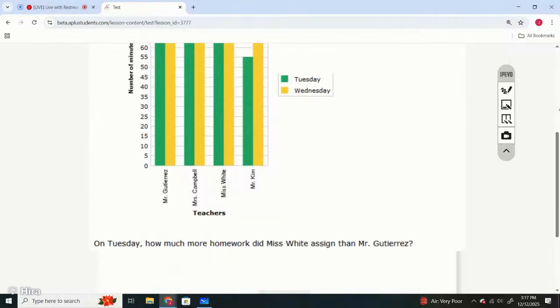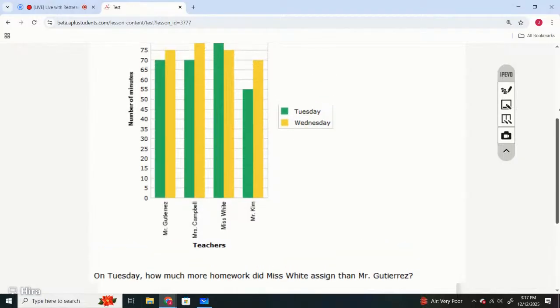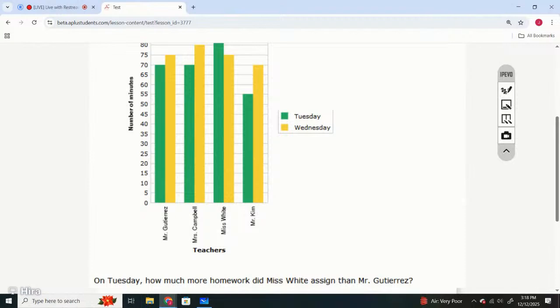On Tuesday, how much more homework did Miss White assign than Miss Guttries?